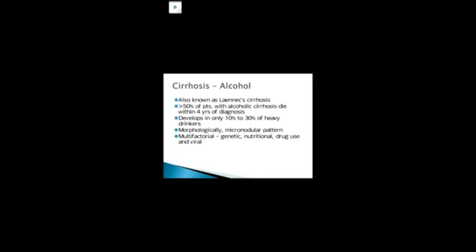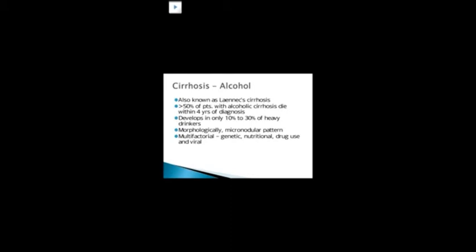Within 4 years of diagnosis, 50% of patients who have a cirrhotic liver due to alcohol die. So once fibrosis is formed in the liver, it's a lost case. There is very little chance that you revert back to a healthy normal liver.